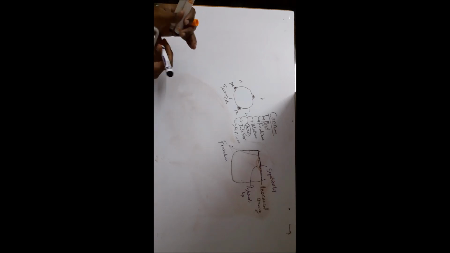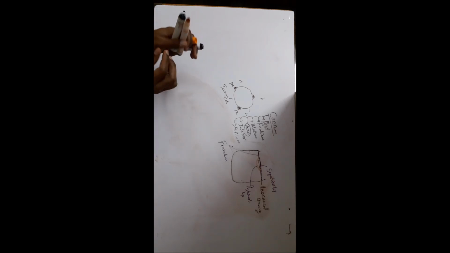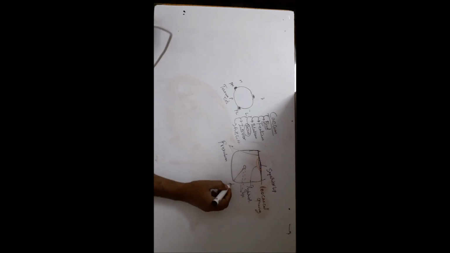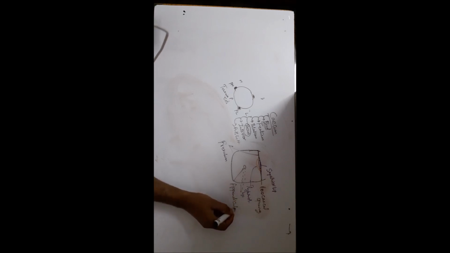Then 1 to 2 centimeters below this ileocecal opening we have one more opening, the appendicular opening.